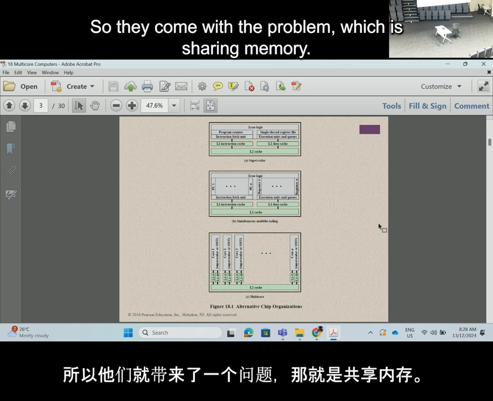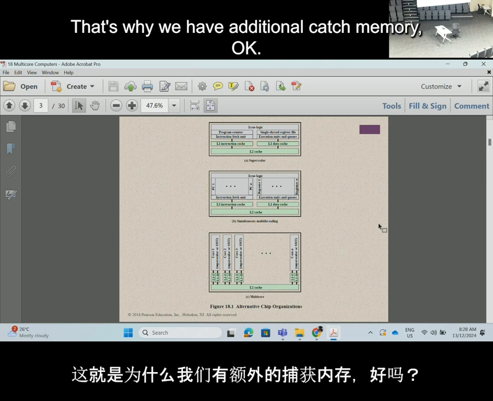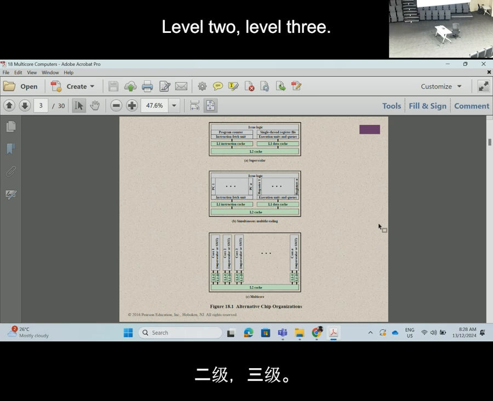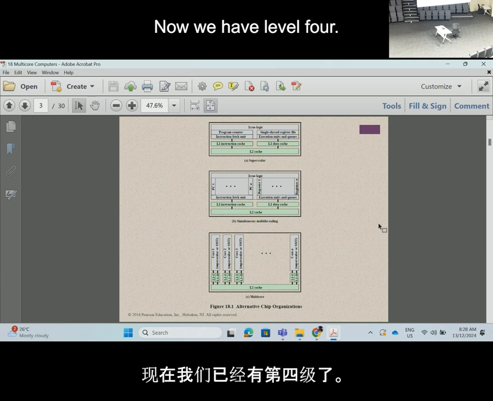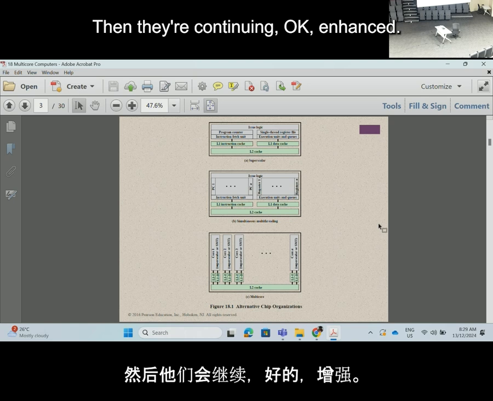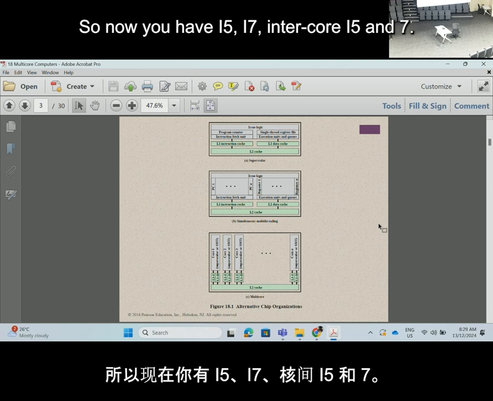So they come with the problem, which is sharing memory. That's why we have additional cache memory. Instead of having only one level, we have multiple levels. Level 2, level 3. Now we have level 4. So this time round, they focus only on the thread. Then they continue to enhance. So now you have i5, i7.